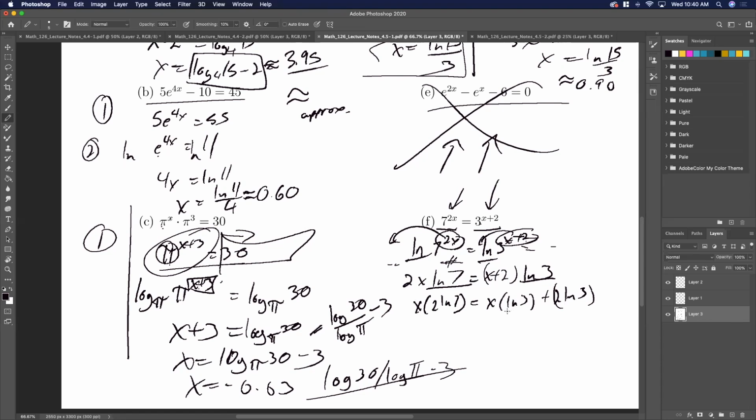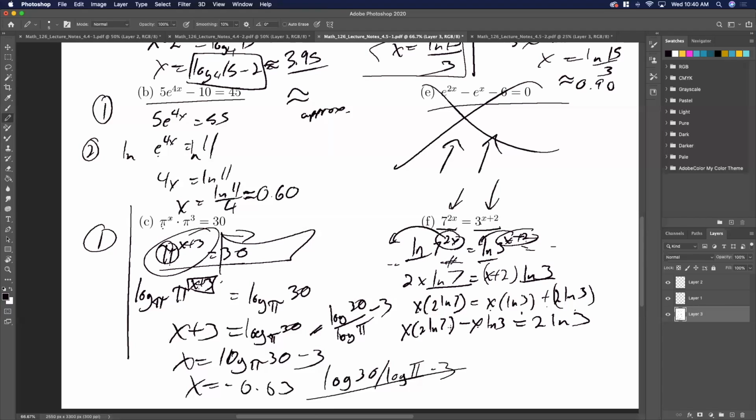I have x times some number, x times some number, plus some number. Well, how would I solve this in the old way? I'd just move all my x's to one side. So here I'll have x times 2 ln 7 minus x ln of 3 equals 2 ln of 3.